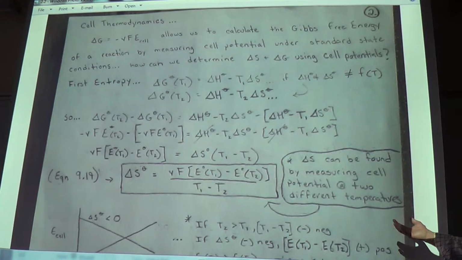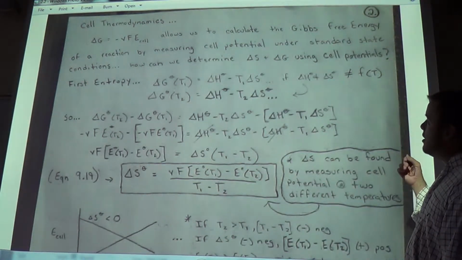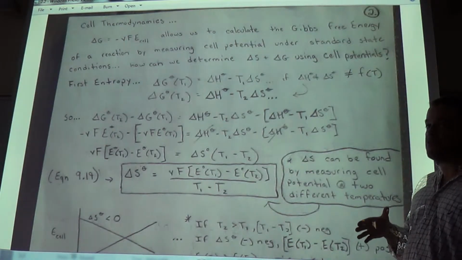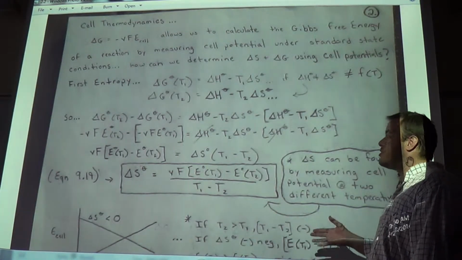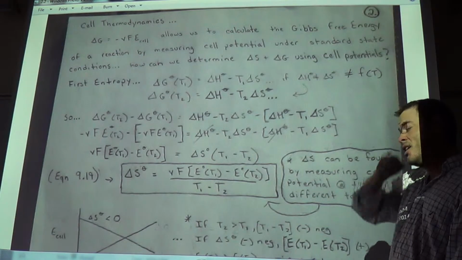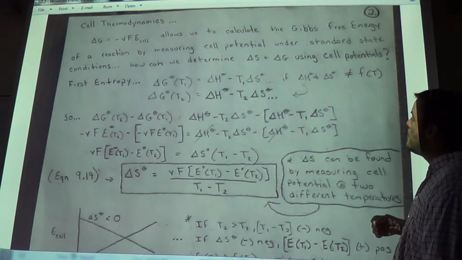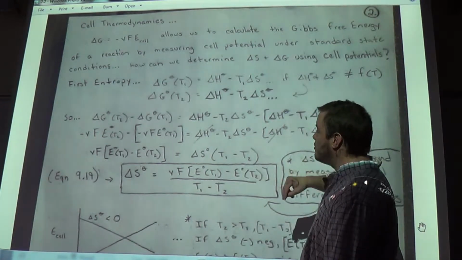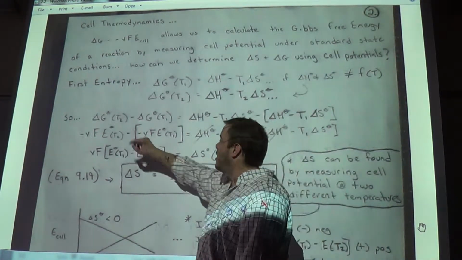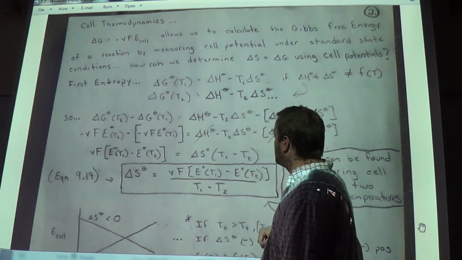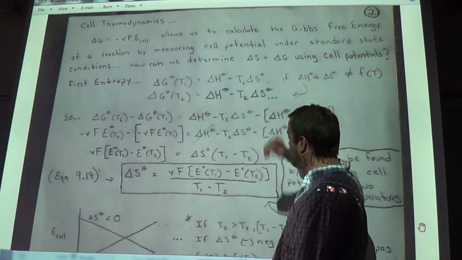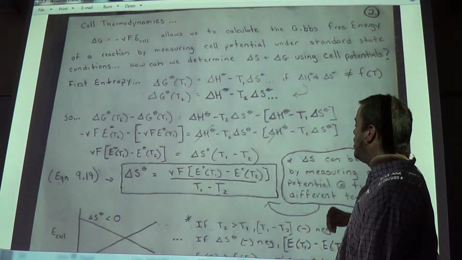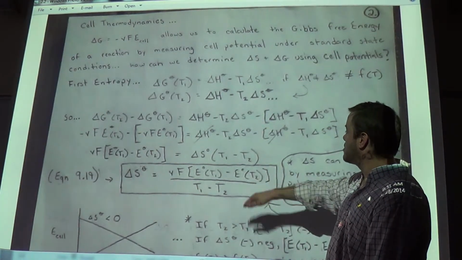In terms of finding delta H and delta S, there's a method that they use here. They say that if your delta H and your delta S are independent of temperature, which we made that assumption a couple of times, then you can take delta G at two different temperatures and subtract delta G at T2 from delta G at T1, or delta G at T1 from delta G at T2. And you end up with an equation that looks like this.